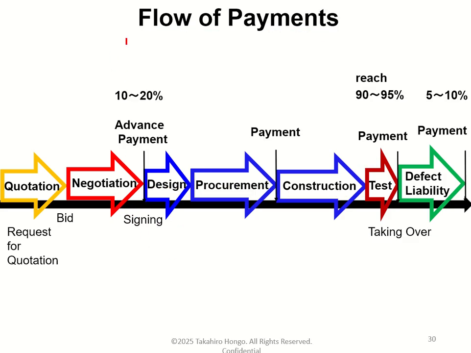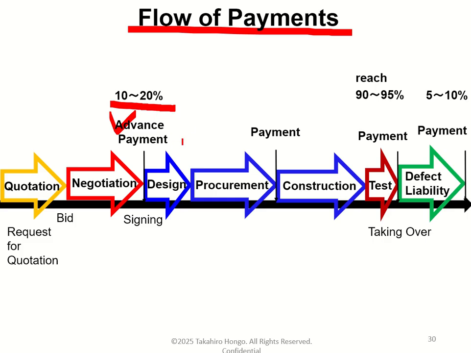The second flow is the flow of payments. This is very easy. As you know, the owner must pay the contract price to the contractor. The first payment is an advance payment. The amount is typically 10 to 20% of the contract price. Of course, this varies from contract to contract, but typically it is 10 to 20%.